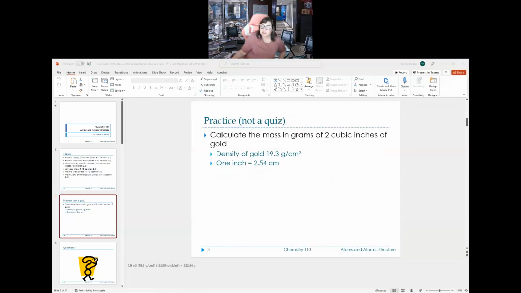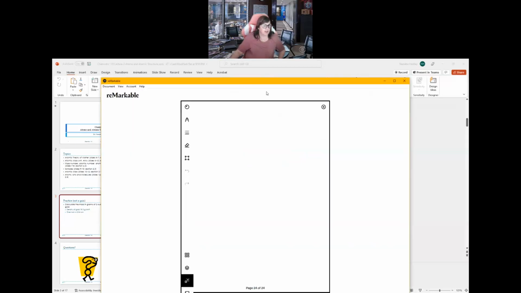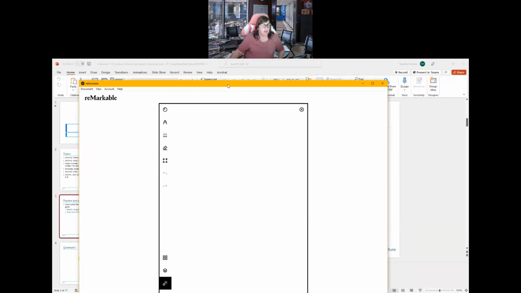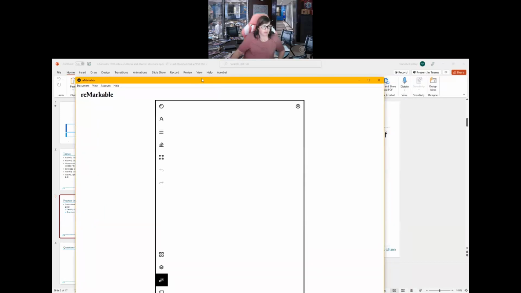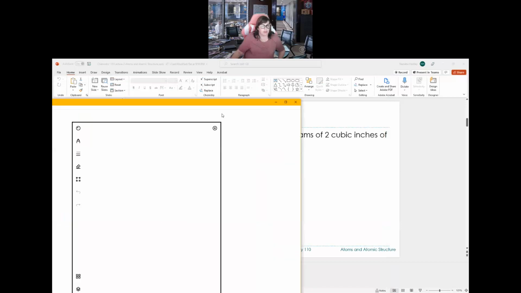That looks like this. This is effectively a piece of paper that I can draw on. I'm going to use this to show you how I solve these problems.